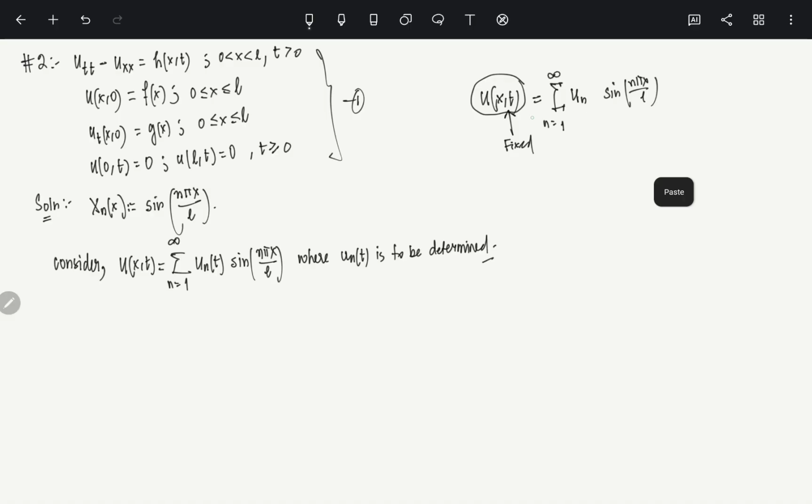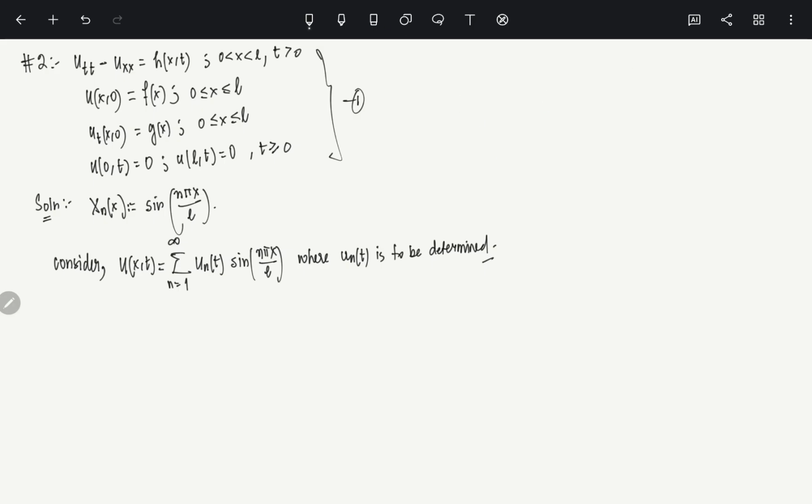If I change t, then this constant will change, so the constant definitely depends on t. When I run t from 0 to infinity, un will also depend on t, so it is un of t. That is the idea.